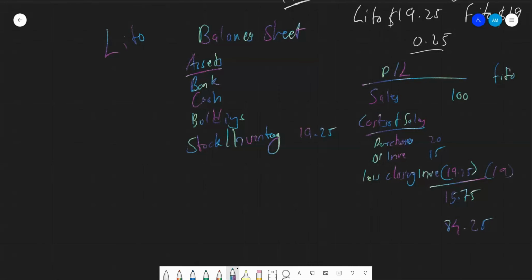And when you minus 19, you get a figure of 16 here, and when you minus 16, you get 84, right? So you can see our profit has increased. It's become 84.25 by going LIFO. And with FIFO, it's down, right?